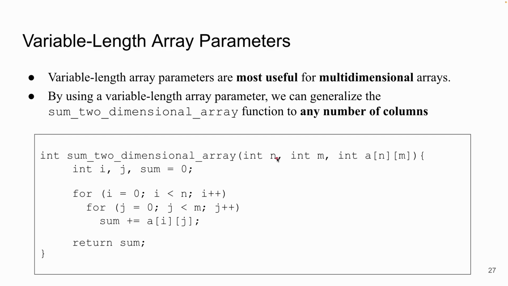So in this case, we can also use the second parameter as the length of columns for array A. So we don't need to fix the number of columns for this function. The number of columns can also be a variable length array. Okay, so that is all about how to use variable length array parameters and what is the benefit of it.